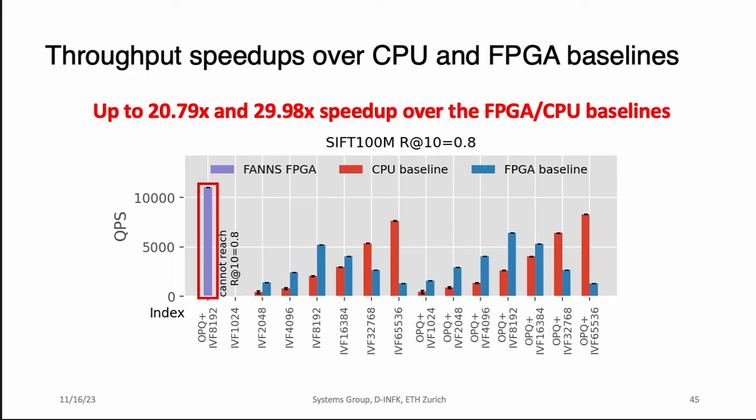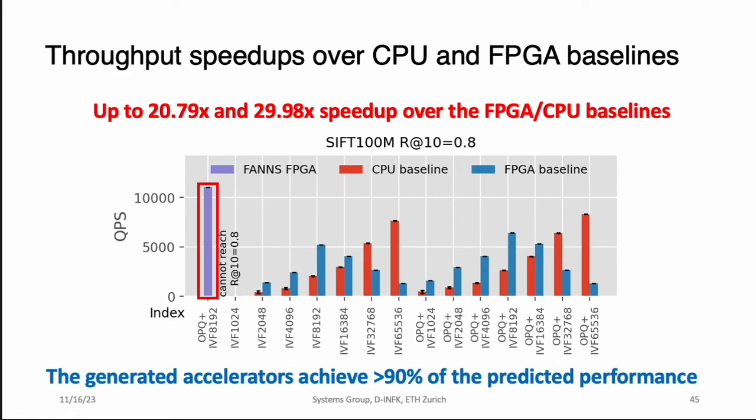It is worth noticing that even for the software and FPGA baselines, it is important to tune the parameters to maximize their performance. But even compared to the most performant baseline, FANNS do show a clear advantage over them. And also, the FANNS-generated accelerator achieves more than 90% of the predicted performance, showing the effectiveness of the performance model we have.